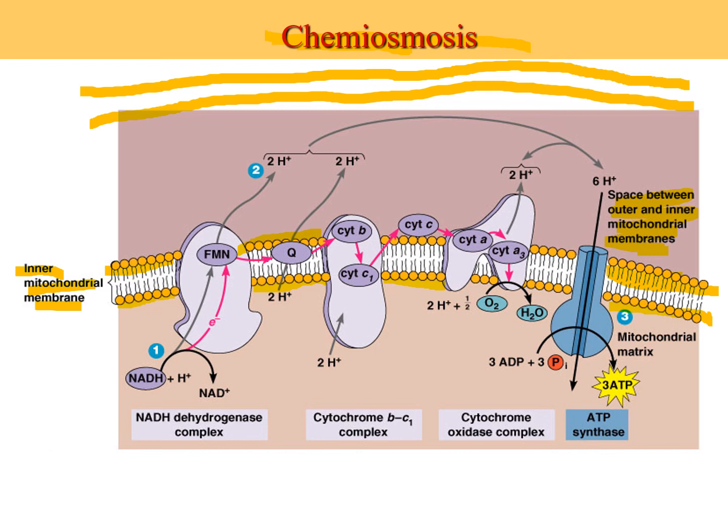Let's label this one here the outer mitochondrial membrane. I'm just going to write outer because it's not easy to write this. So here we have a series of carriers. Don't worry about the name, don't worry how many there are, don't worry about how it happens.